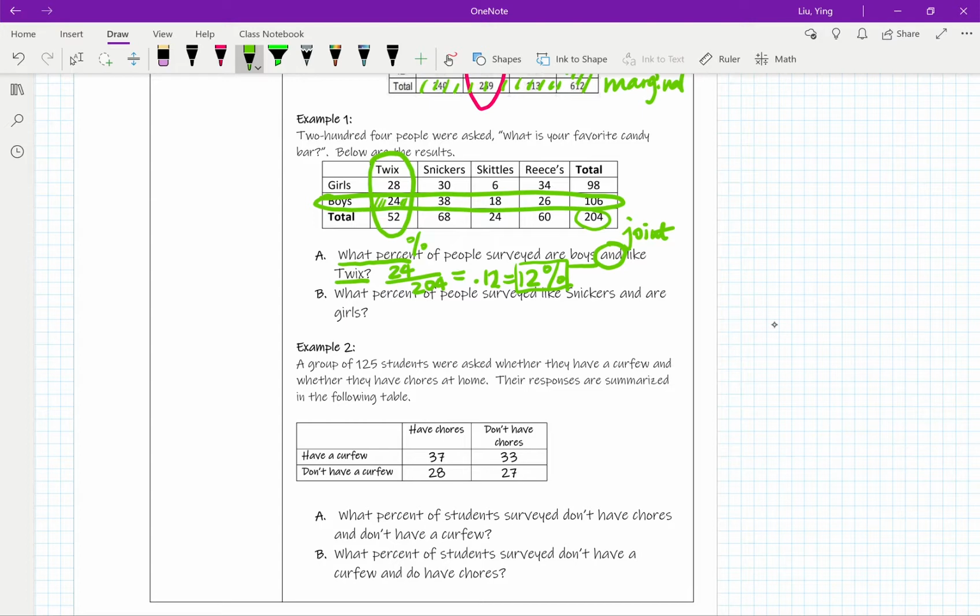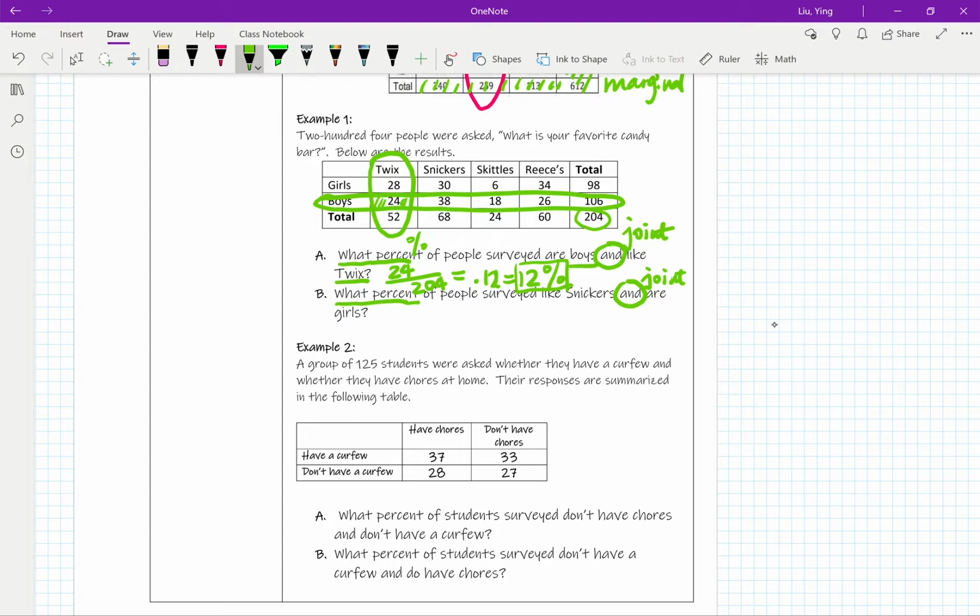What percent, so again, we're looking for a percent here, not just the number of people. What percent of people like Snickers and are girls? So this again is a joint frequency. We're going to go back to the table and look for people who like Snickers and are girls.